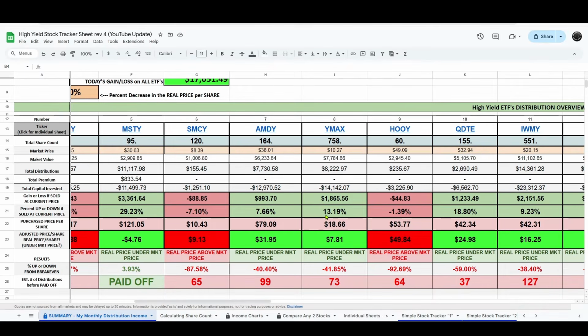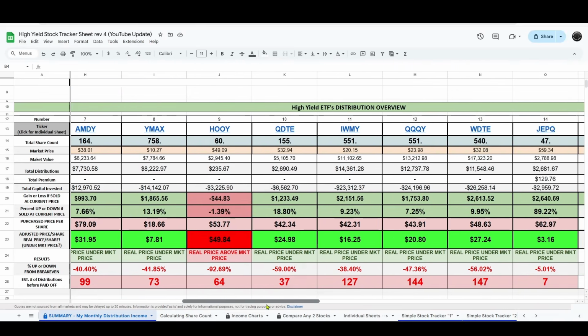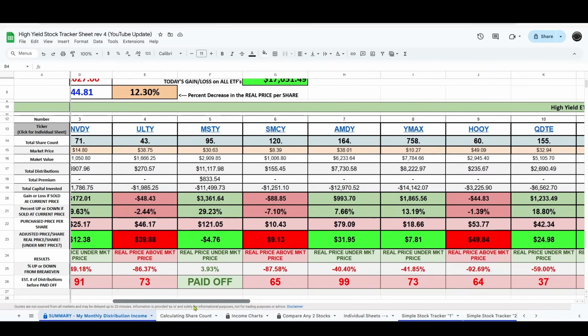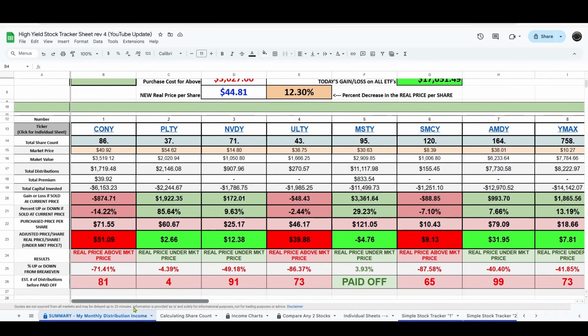And the rest of these, as you can see for yourself on the screen, they are all green and they are currently up. That does not mean I'm making money in those, okay? Because until they get paid off, I'm technically not making any money on them, right? Because I still am showing that I've paid out more in my capital, or in my amount that I've invested into each one of these.